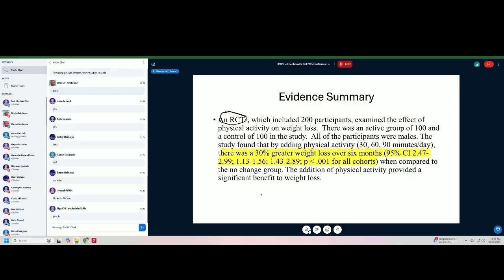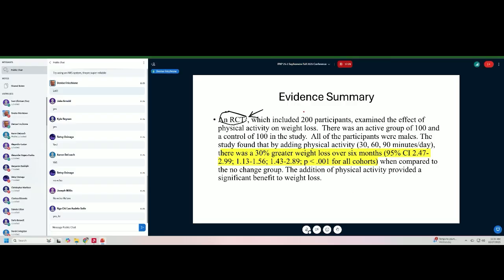So right here, the article is identified. It's a randomized control trial, and it's immediately followed by the citation. And in this example, because this is the third article that was identified, maybe they identified 2 articles in the evidence-based summary, it has a 3.